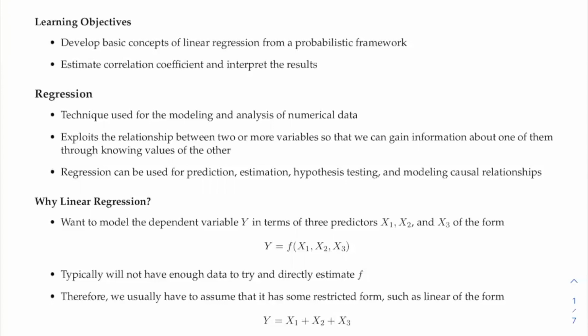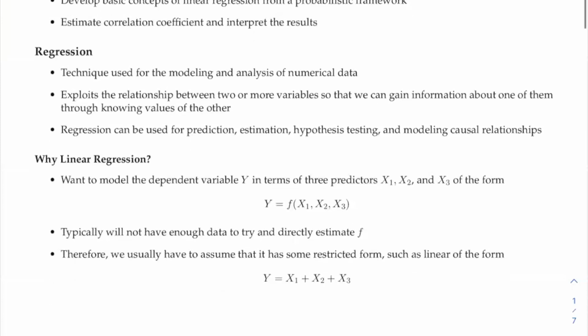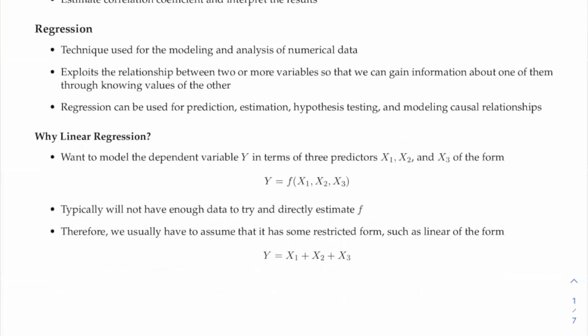Therefore, usually we have to assume that it has some restricted form. The restricted form that we're going to look at is the linear form, because Y is now going to depend linearly on X1, X2, and X3.